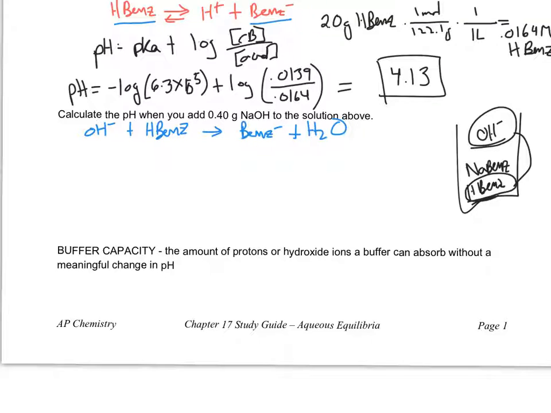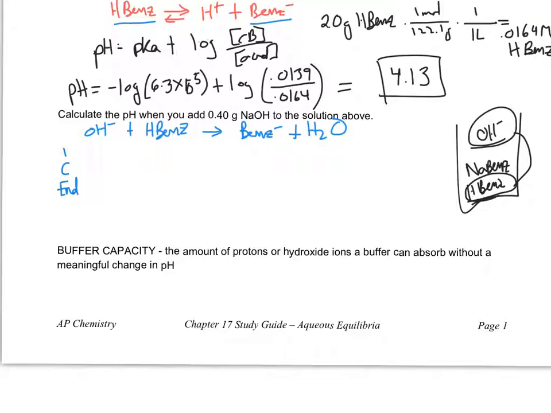So I'm going to write out my initial, change, and my end result after my reaction. And you can do this with moles or with molarity. If you do it with moles, then make sure you change it to molarity at the end. If you start out with molarities, then you don't have to change it then. So it's totally up to you.